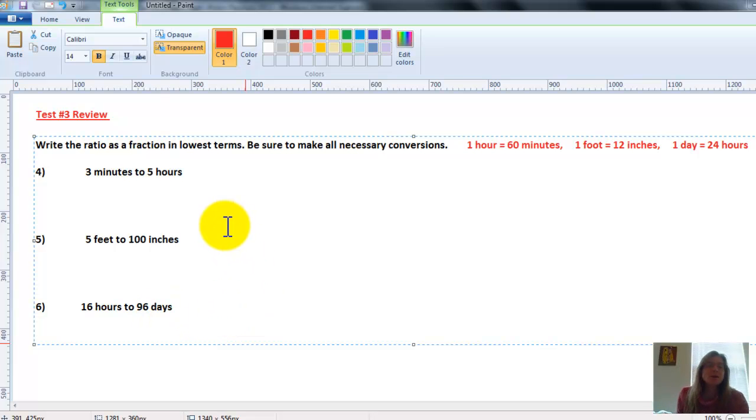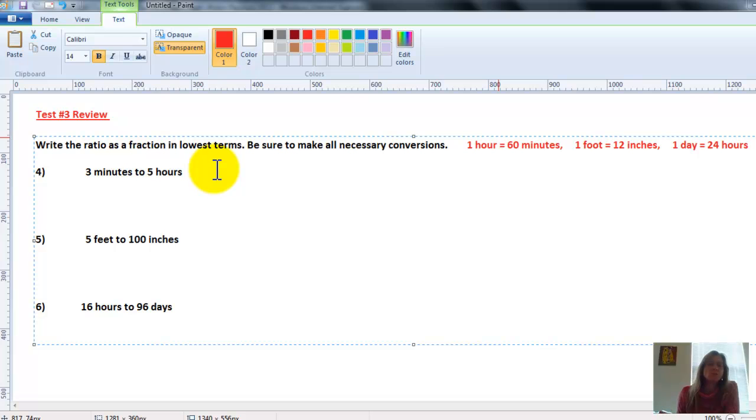Okay, so in each one we have to decide which conversion factor, and I have them listed over here, is going to be useful for the problem. When you have minutes and hours, of course it's smart to use hours and minutes as your conversion factor. This is not dimensional analysis where you have several conversions all at once. We're just converting one thing.